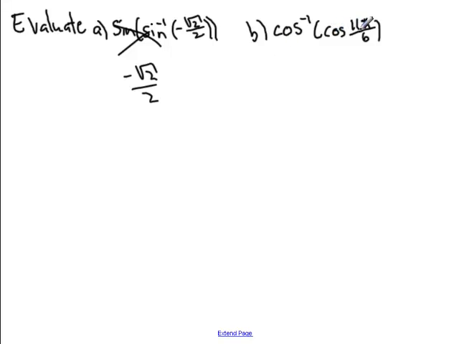So to evaluate, first of all, the cosine of 11 pi over 6, what we have to do is go into the fourth quadrant and draw an angle all the way around of 11 pi over 6, which would leave a reference angle of pi over 6 or 30 degrees.